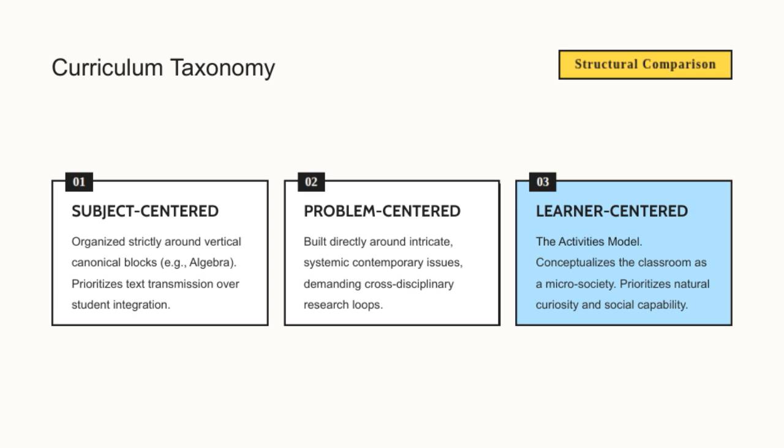Now, contrasting this with the problem-centered approach, which is organized around strict, vertical canonical blocks, such as algebra. This method tends to prioritize transmitting information through text, often limiting student engagement and integration. Finally, we have the subject-centered approach, which follows a curriculum taxonomy.